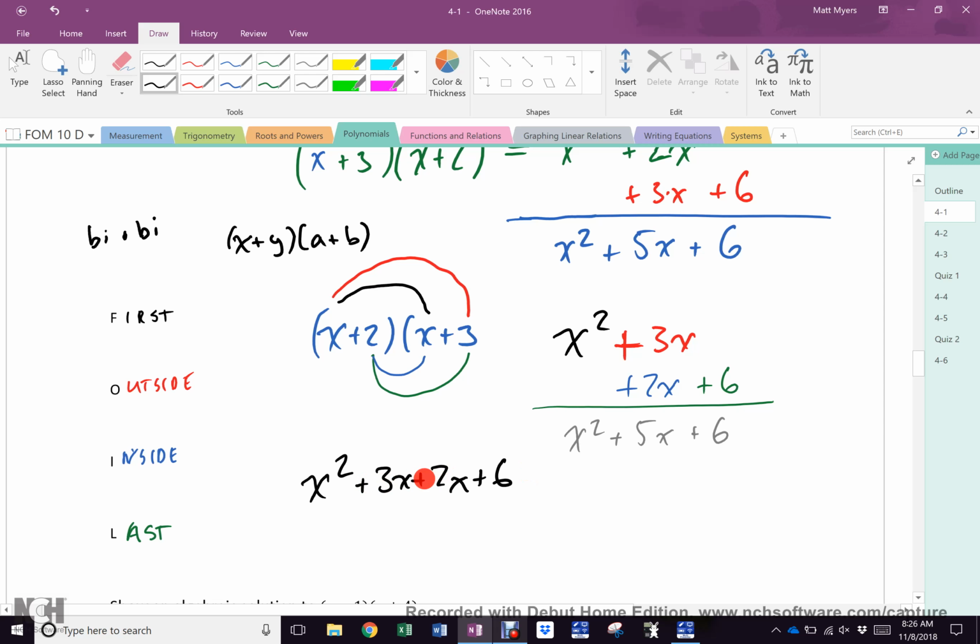But I know from experience that dealing with you people, if it was this, for example, minus 2 minus 3, x squared minus 3x minus 2x plus 6. Half of you aren't able to do that in your head, and you think you are.